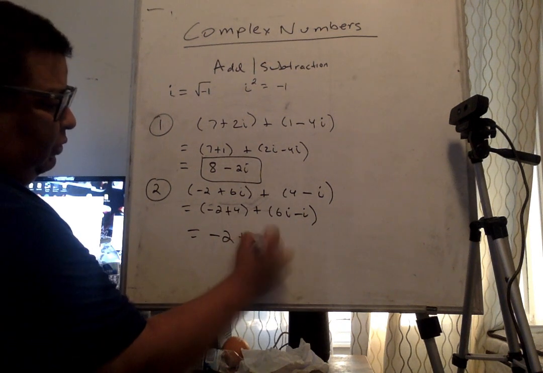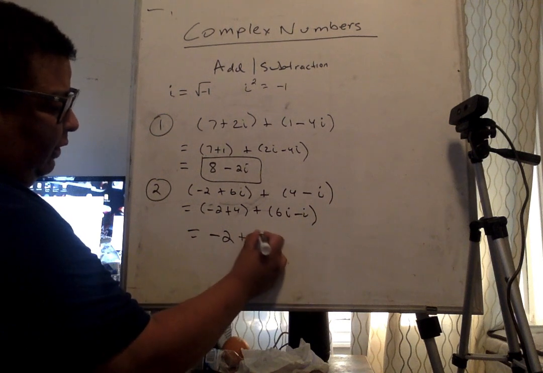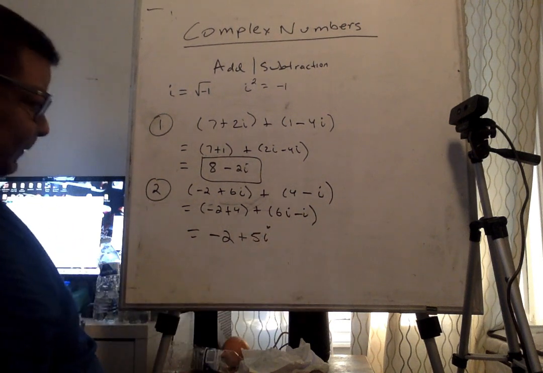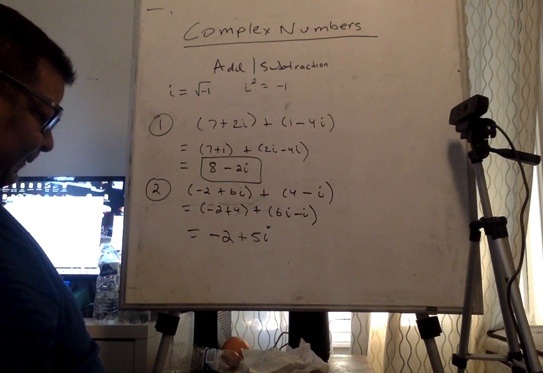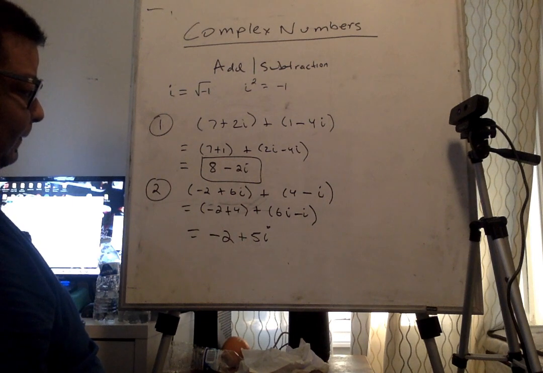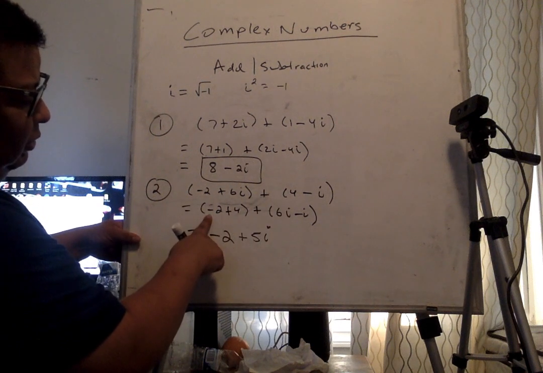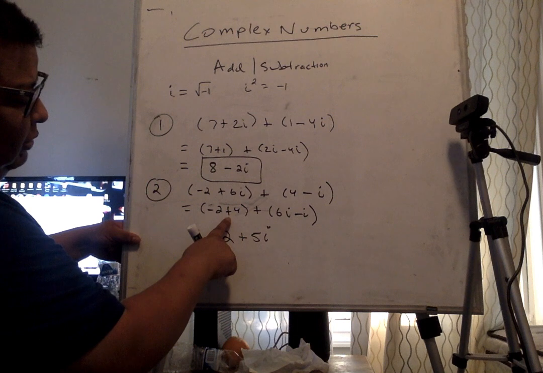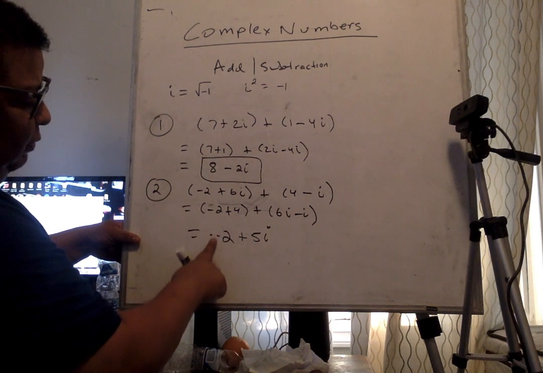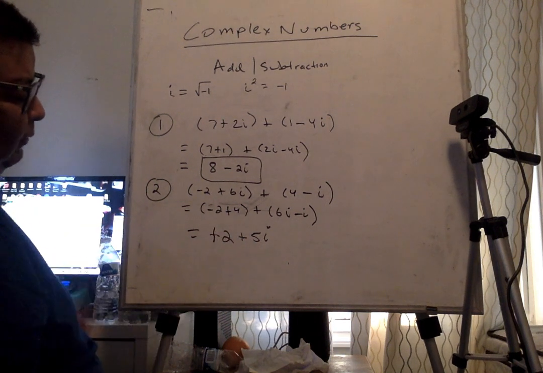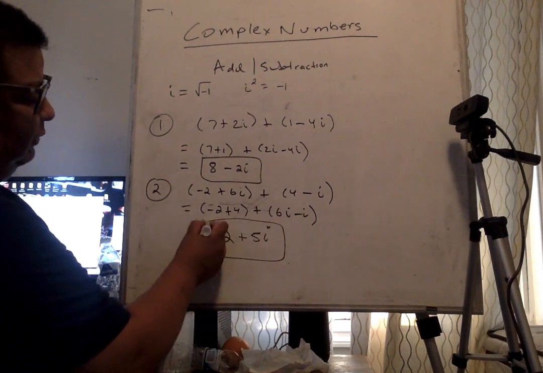That gives you 6 minus 1, that gives you 5i. Oh, actually negative 2 plus 4, the biggest value is 4, so you get a positive 2 here. Positive 2 plus 5i, and that gives you the final answer.